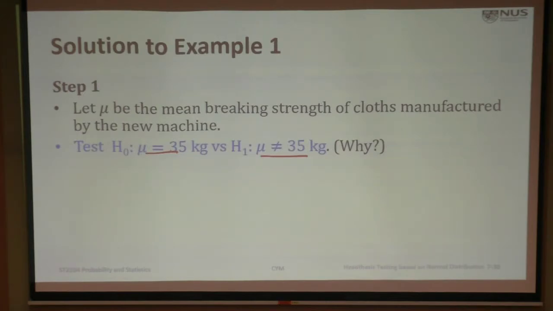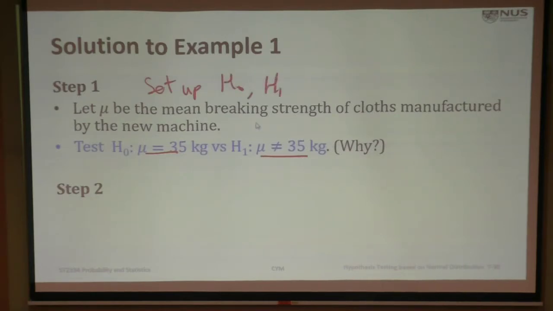Mu in this case is the mean breaking strength of the cloth manufactured by this new machine. It's not any machine, any cloth, but the cloth produced by this new machine, and mu is the mean breaking strength of all the cloths produced by this new machine. So the first step is to set up H0 and H1.